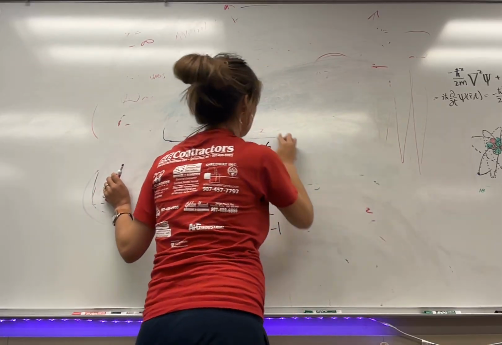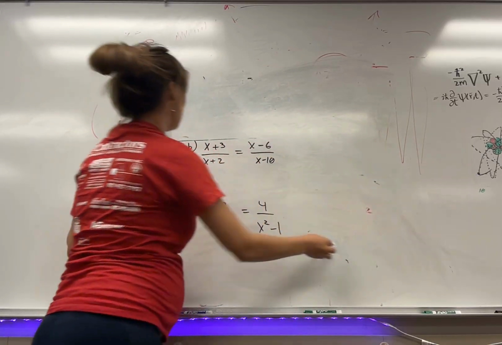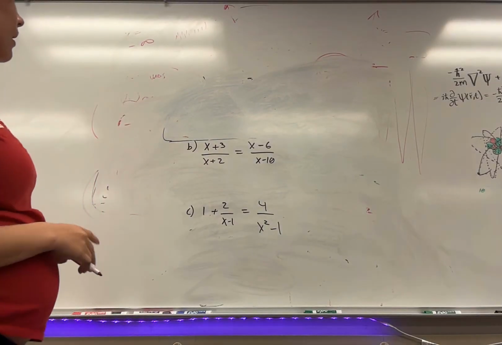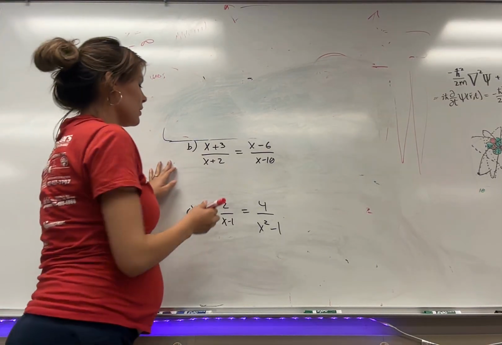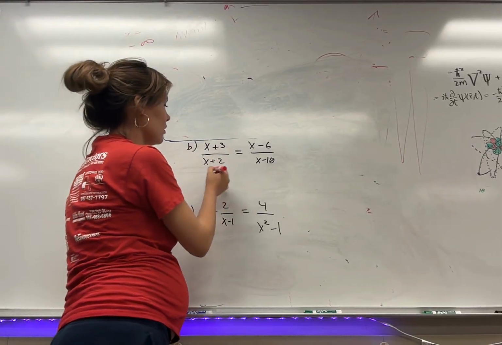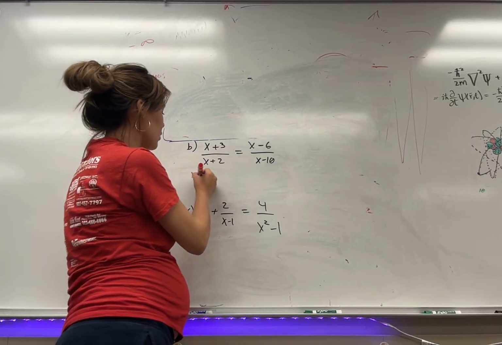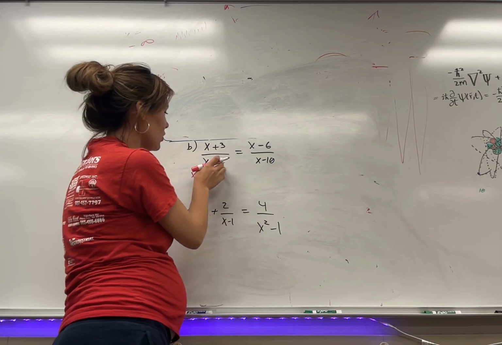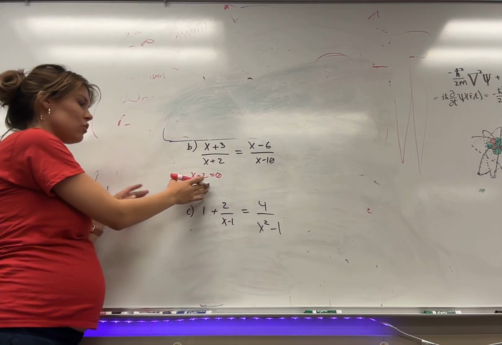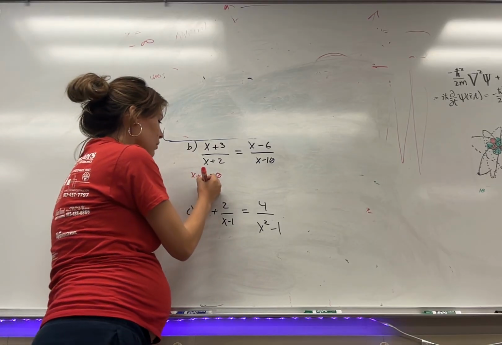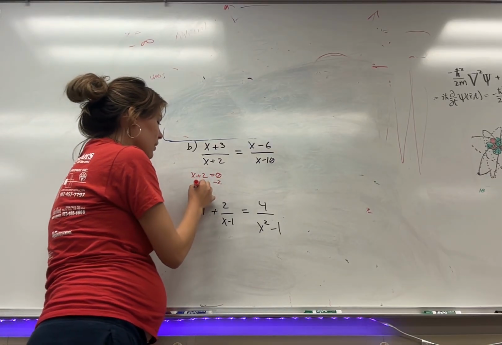Just getting that out of the way because it's super messy. Alright, so x plus 3, okay, this one's actually easier. In this case, we need to find our extraneous solutions, which are going to be x plus 2. You look at the bottom of the fraction here, set it equal to 0, figure out what x needs to be for this to be true. It turns out we add a negative 2 to both sides.